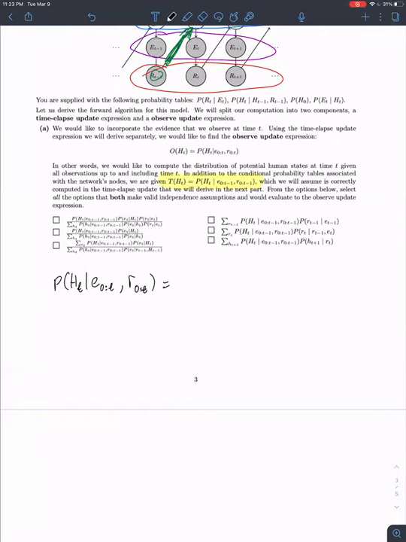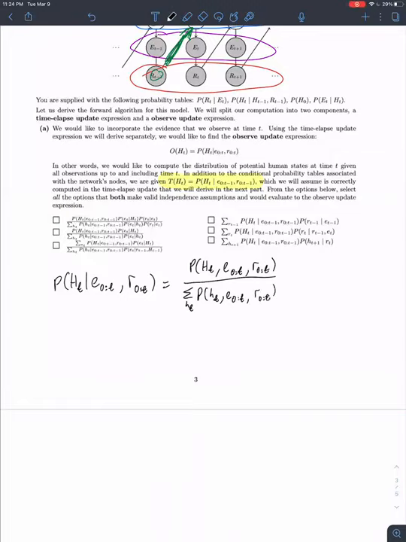So that's the probability of big HT, evidence 0 up to t, and robot actions 0 up to t, divided by the sum over all the possible ways it could be, of the probability of little h t, evidence 0 up to t, robot action 0 up to t.